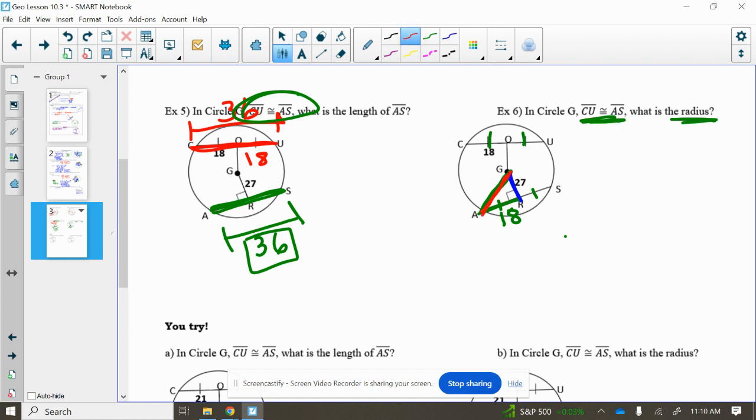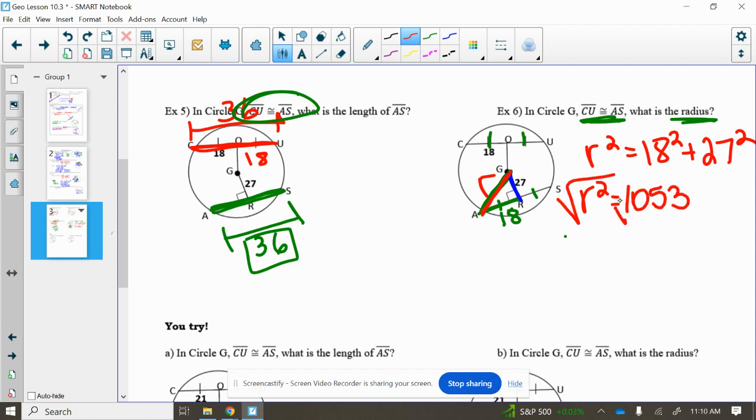And then finally, we can draw in the radius as the hypotenuse of our triangle. So R squared is going to equal 18 squared plus 27 squared. Now, 18 squared plus 27 squared is 1,053. And after we square root, we get our radius to be about 32.4.